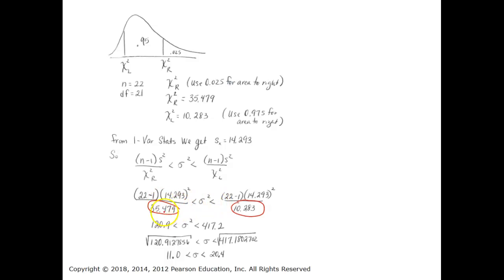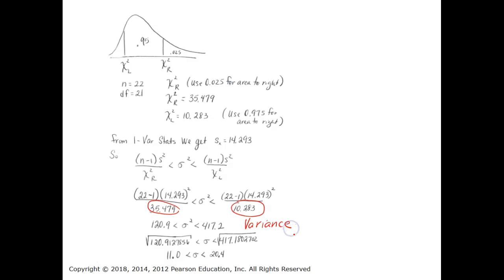And that's why we divide on the left side by chi-squared right, and we divide on the right side by chi-squared left. So you're plugging in the n, you're plugging in the s, and you're putting in your chi-squareds. Simplify each of these expressions, and when you get those simplified, you're going to end up with 120.9 and 417.2. This would be for the variance.